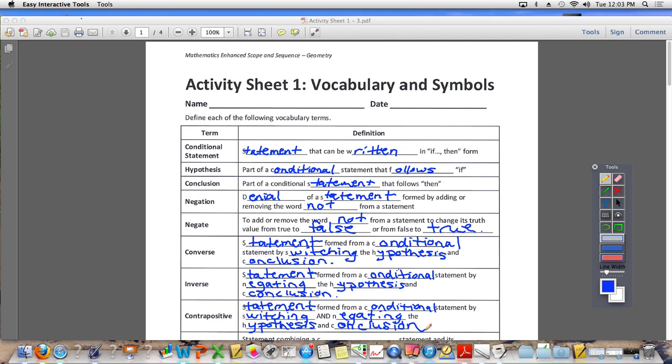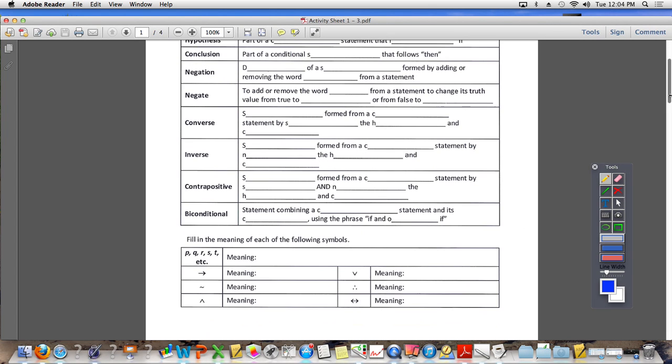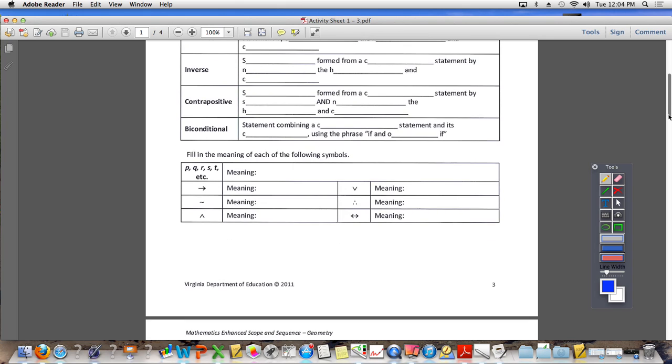It's a statement combining a conditional statement and its converse using the phrase if and only if. Very good.